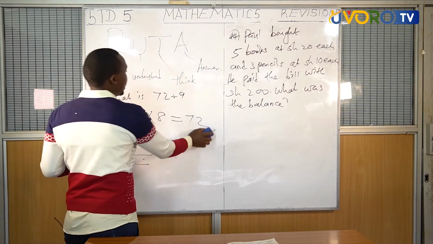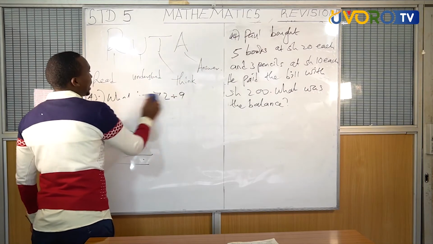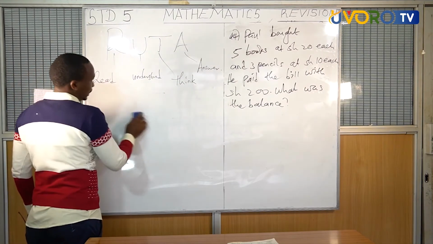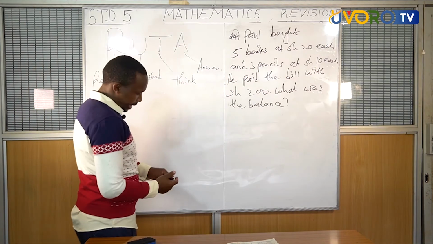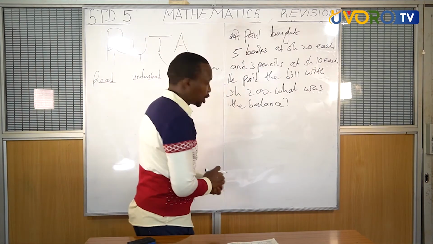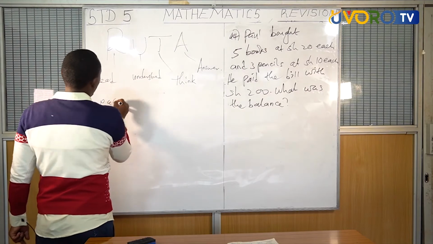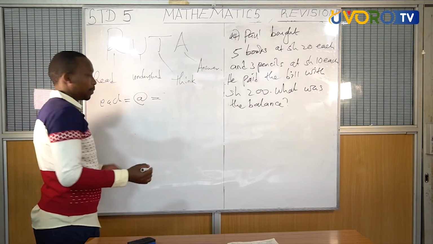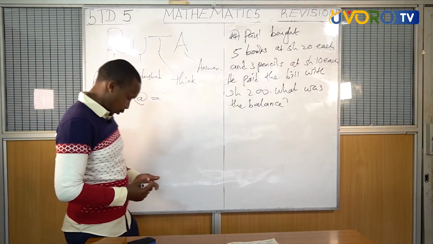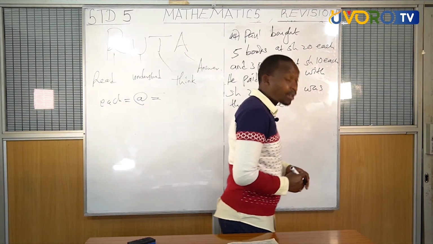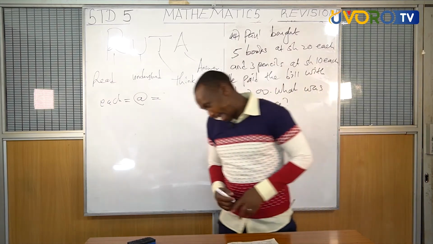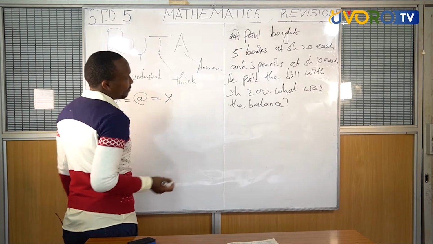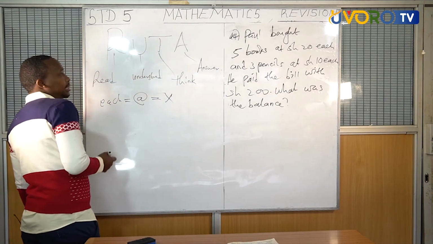Now, bearing in mind our formula, the second letter is U for understanding. We said in our last question, if you see each, or this symbol, what are you supposed to do? You multiply the items times shillings.